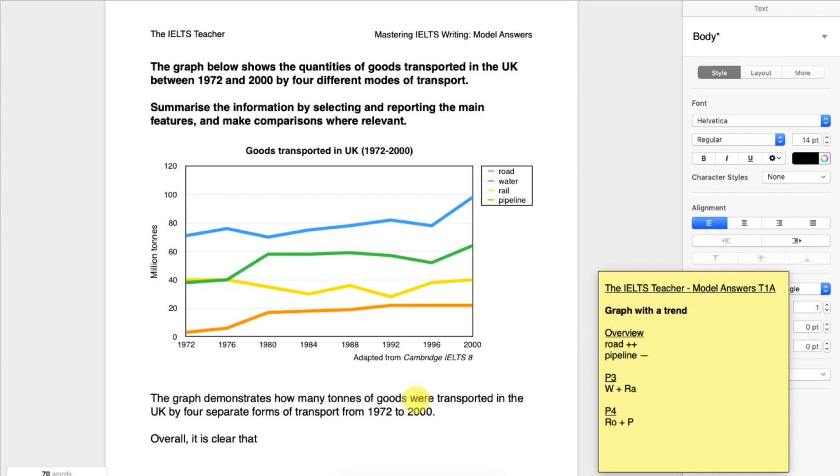We have road plus plus. We want to talk about road being the highest in this chart. What language could we use here? Well, certainly we want to use a superlative. I keep using the superlative highest, so it's certainly going to come in useful. Let's just write it down. The highest. Now we have to consider what we are measuring. We are measuring goods transported in the UK, but we're not measuring the number of goods.